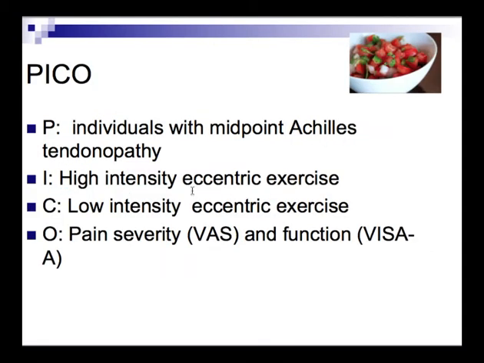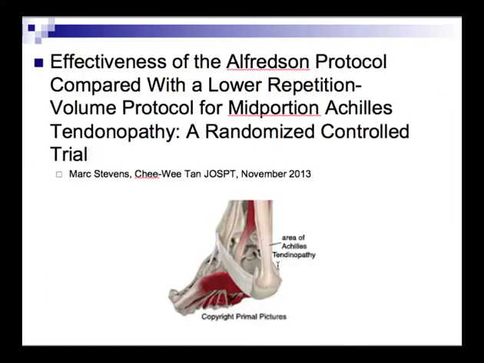So our PICO is individuals with mid-portion Achilles tendinopathy, and our intervention is high-intensity eccentric exercise into pain, in contrast to less intensity. And then our outcome measures would be a pain severity scale, like the VAS, visual analog scale, or a functional scale, like the VISA-A that's made specifically for people with Achilles tendinopathy.